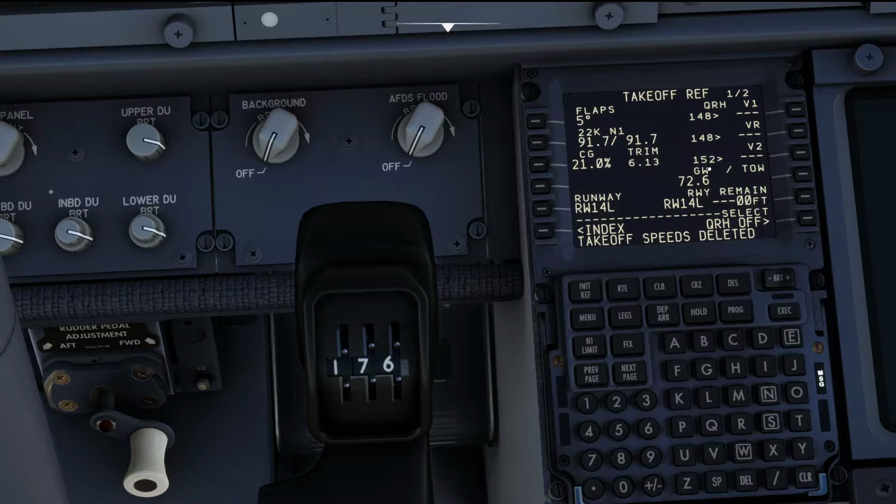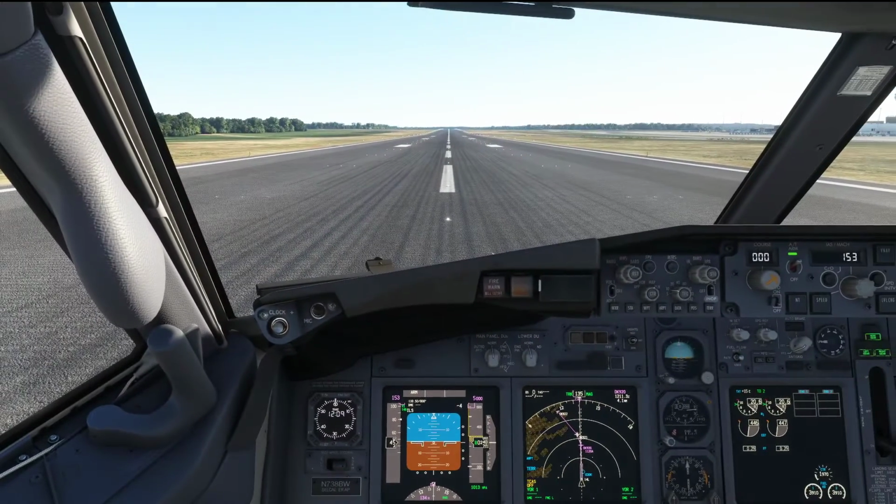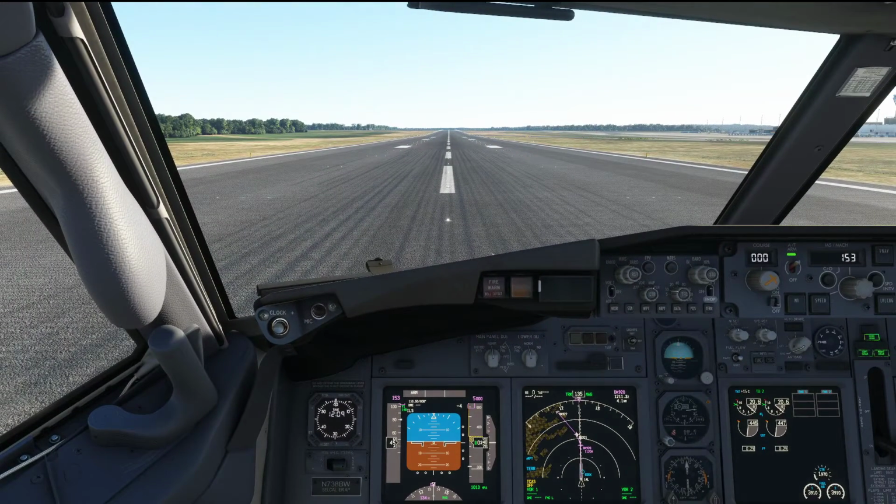But VR and V2 are normally within 1 knot of the FMC predicted values. And if they are grossly off, then that is very much of an indicator that you do have a performance problem in your calculations. Lastly, make sure that they are actually selected up here and that the no V-speed flag is not showing on the primary flight display, as that may very well give away that you do have some mathematic error done there. This shall conclude the video looking at causes for tail strikes and how to prevent them.